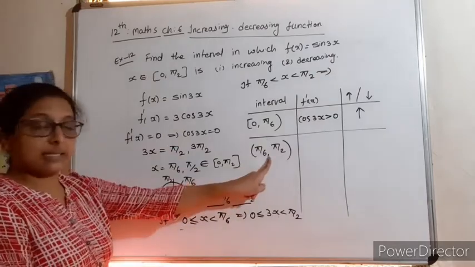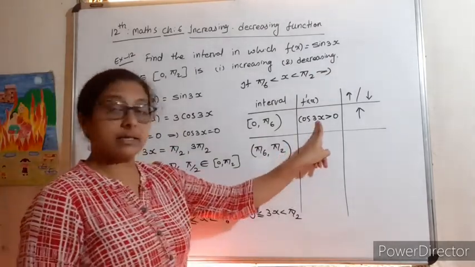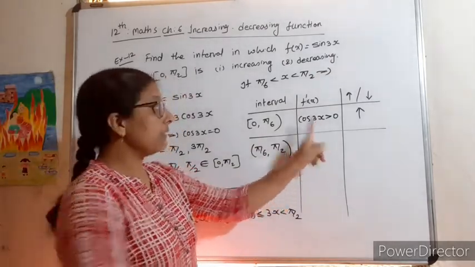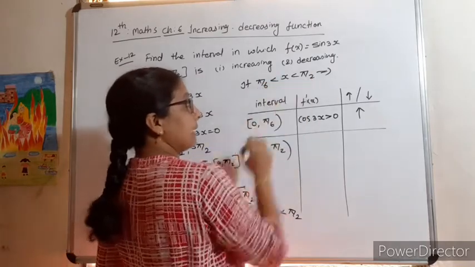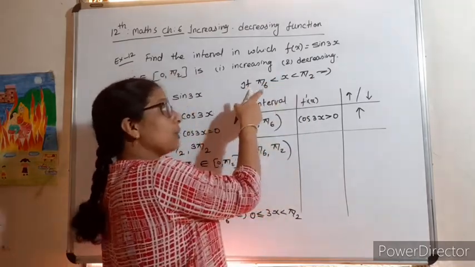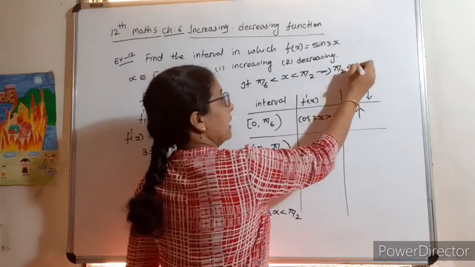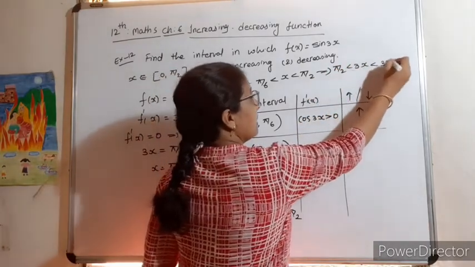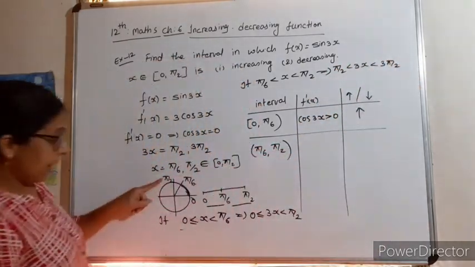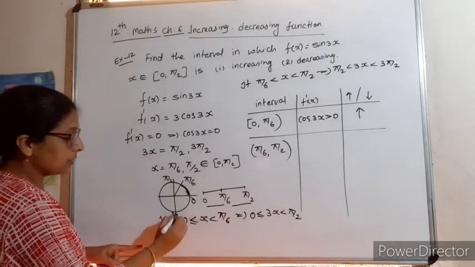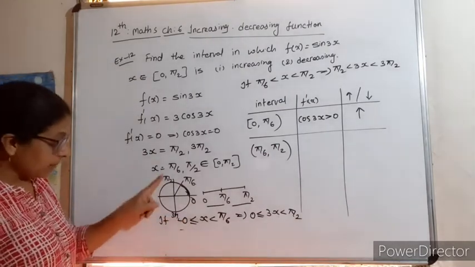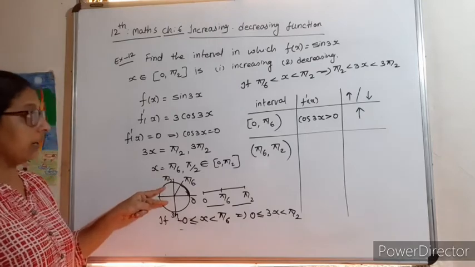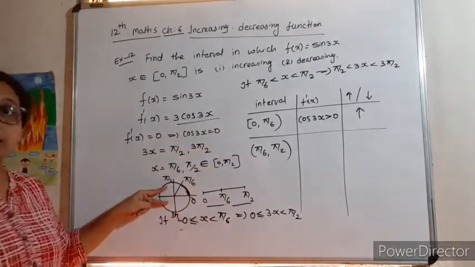This is for x. But in our f dash x, it is 3x. So we will write that when you multiply by 3, it is pi by 2 less than 3x less than 3 pi by 2. And in pi by 2 to 3 pi by 2, the cos is less than 0.